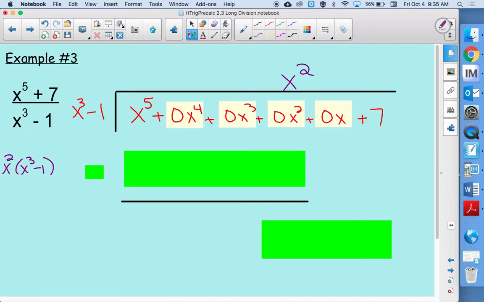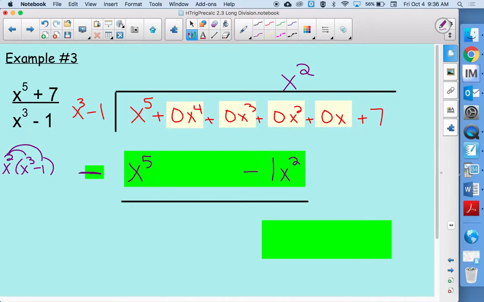Colin, what is x squared times x cubed? X to the fifth. X to the fifth minus 1x squared. So distributing this through my problem, now I have those powers lining up with each other.